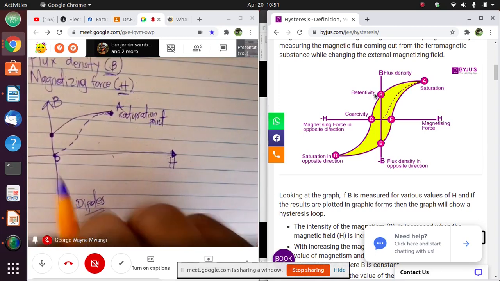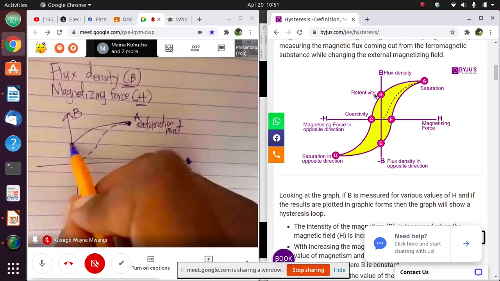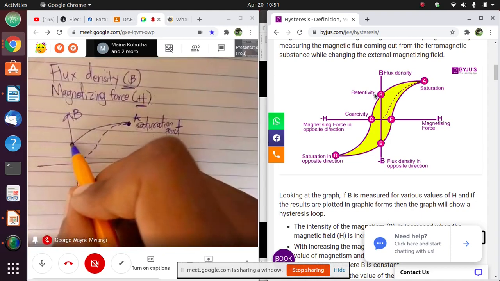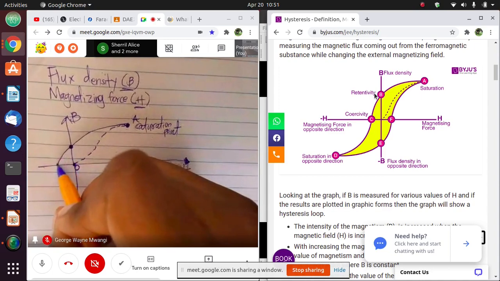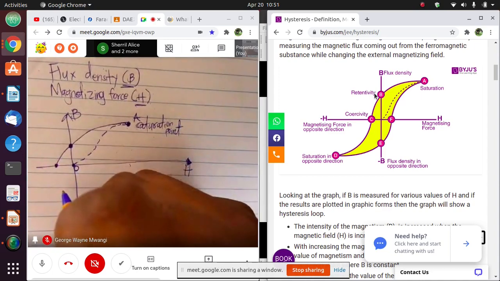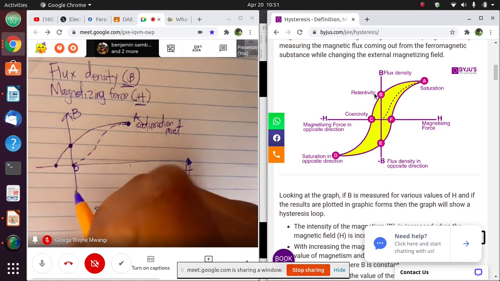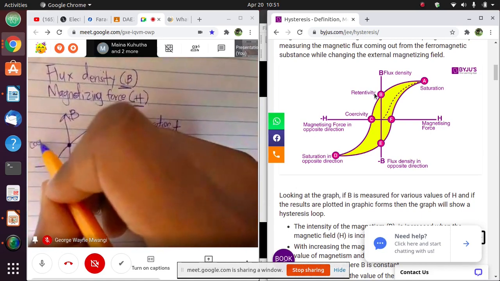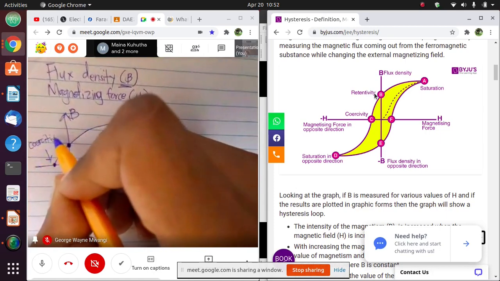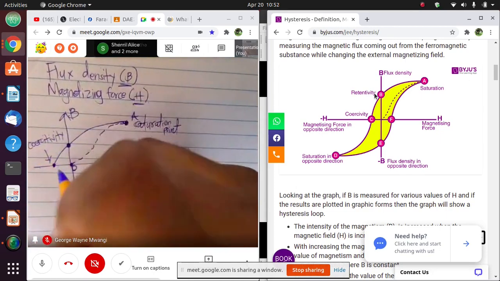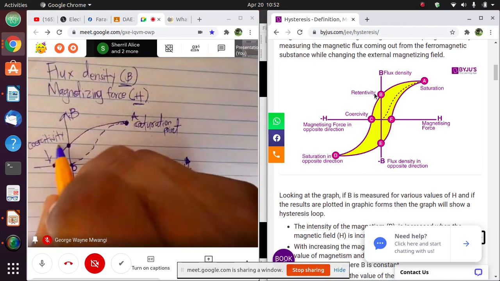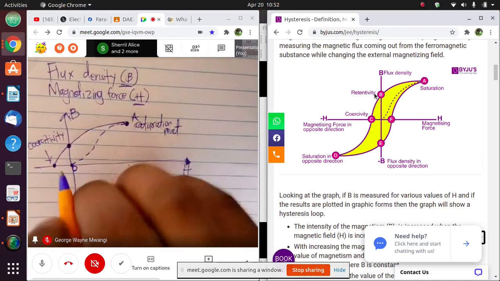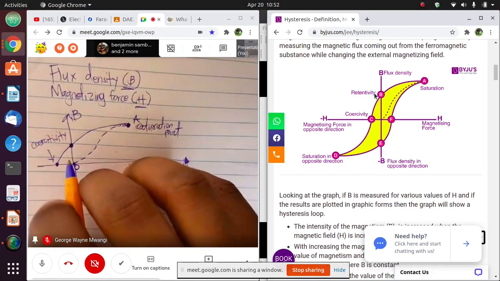Now, as we continue reducing the magnetizing force further, itafika mahali that that material will lose the magnetism entirely. Itakuwa zero. Now, this point is known as coercivity. That you're forcing the magnetic material to lose all its magnetism.